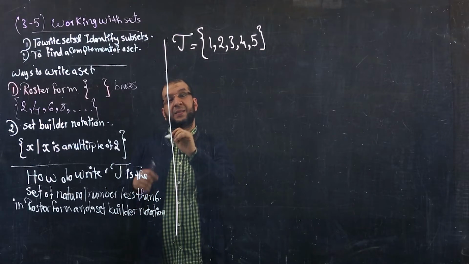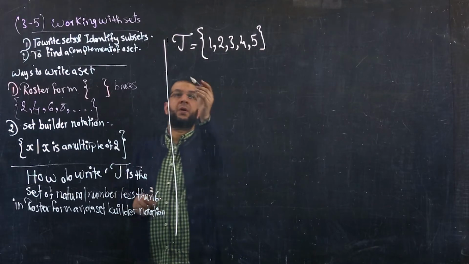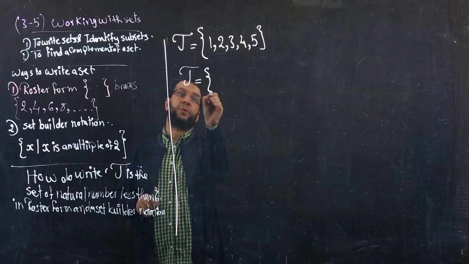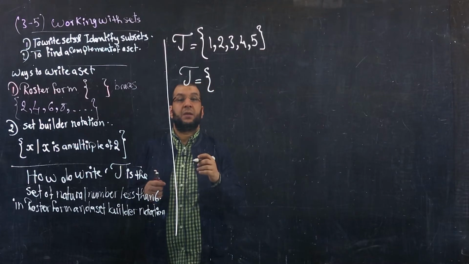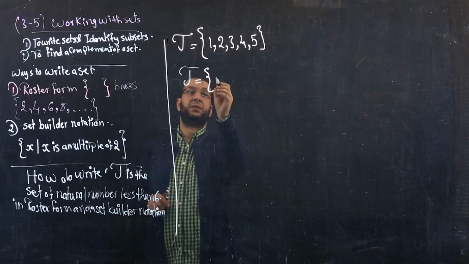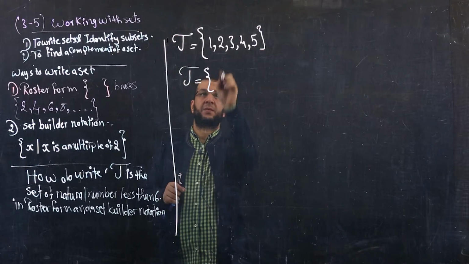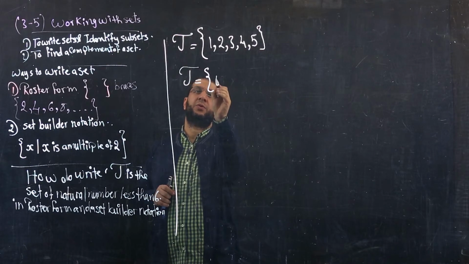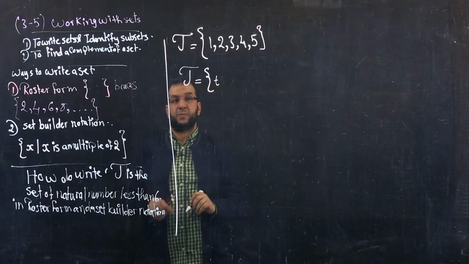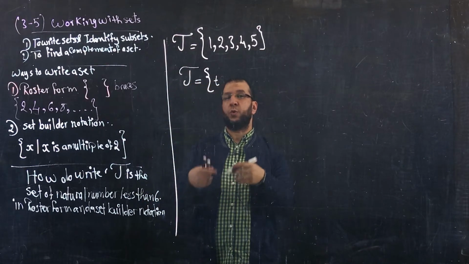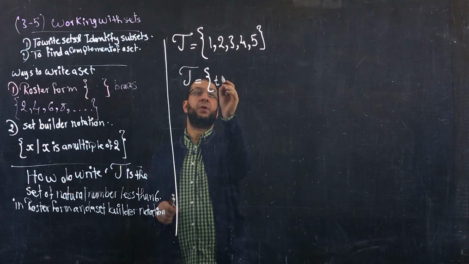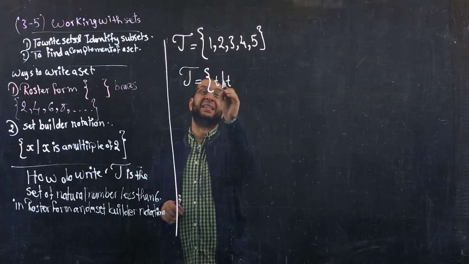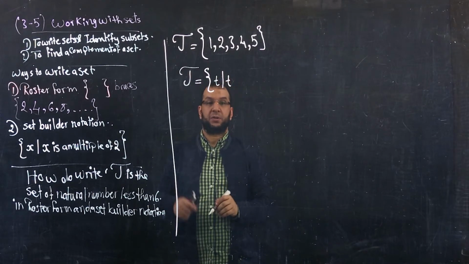How do we write it in set builder notation? We write T is equal to, and we open brackets, and we write a small letter which represents the elements. Here the set is T capital, so it is preferable to use t small. We can write x small, y small, n small, whatever, just a small letter such that, and write the description.